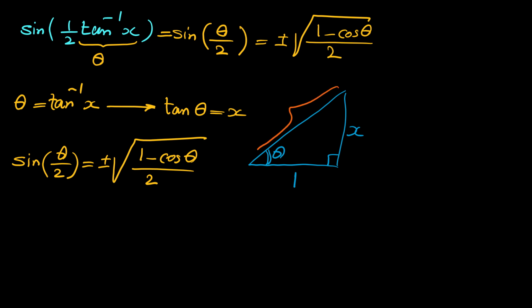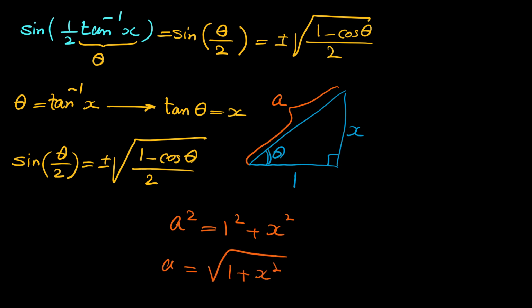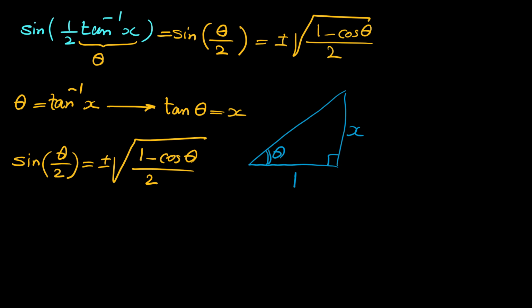Let's suppose the hypotenuse is a. Then a squared is 1 squared plus x squared. From this, a equals radical 1 plus x squared. So the hypotenuse is radical 1 plus x squared.